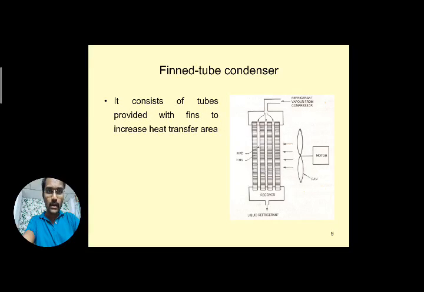So why the need for fins? The fins are plate-type structures, mostly made of aluminum, and a wide gap is provided between each plate. It increases the heat transfer area, so the contact area of the air increases and the heat transfer rate also increases.